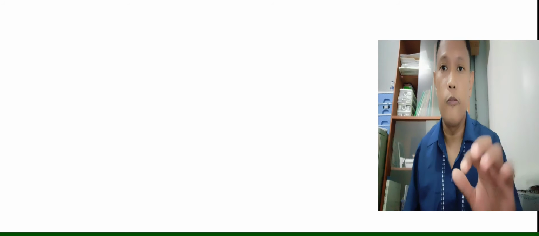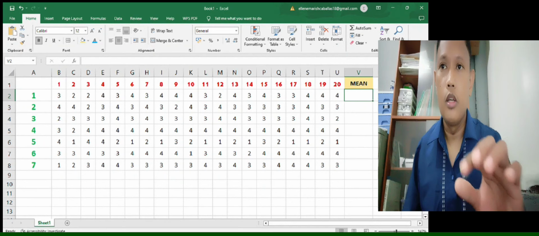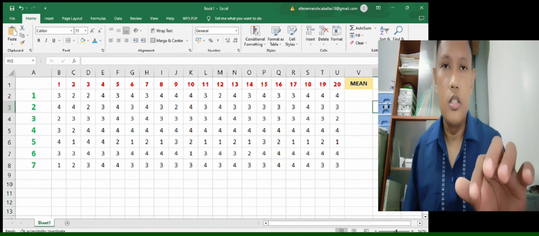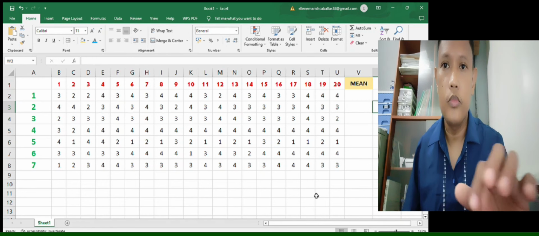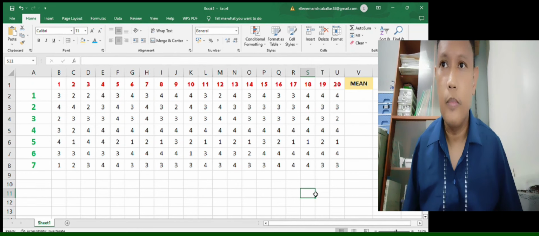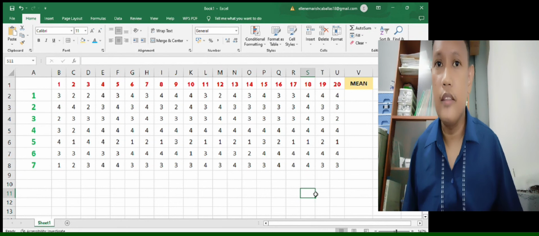Okay, so let's say that we already encoded all the responses for all the indicators and for all the respondents. Now what we're gonna do is find the mean for all the items. All right, so this is what we need to do. As you can see, the word mean in yellow color is there, and let's start with item number 1, or indicator number 1.